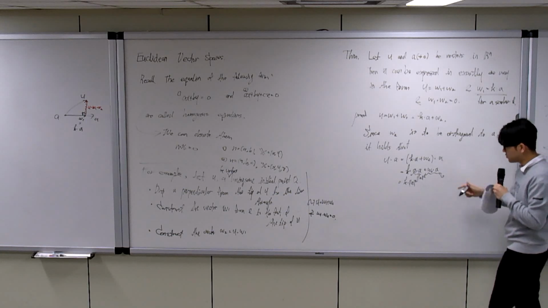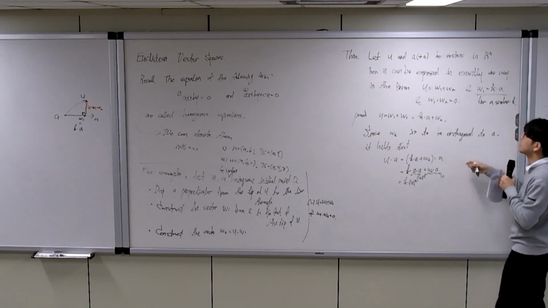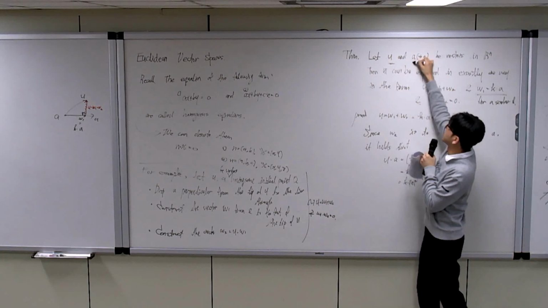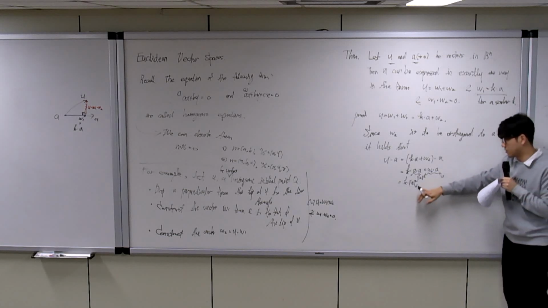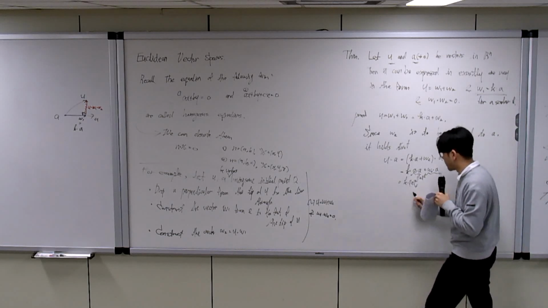We already have the two vectors u and a, so we can find the value of k over the norm of a squared.